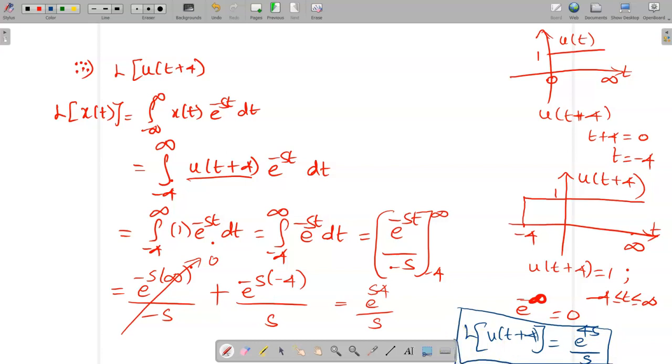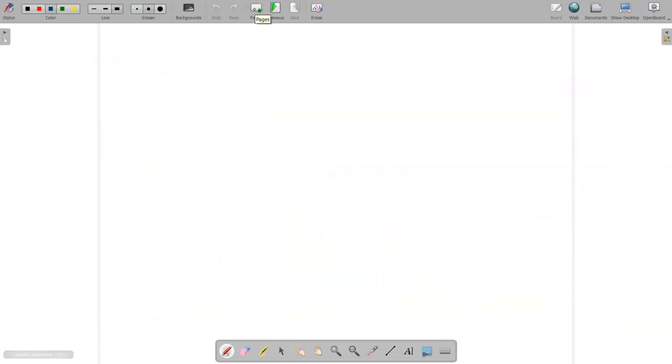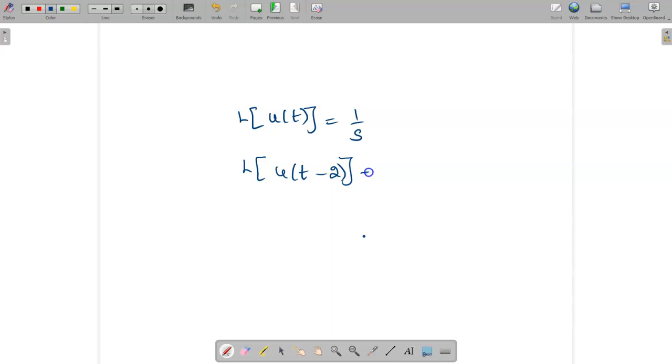Okay. So from these three problems, the important thing we can conclude is that the Laplace transformation of u of t is 1 by s. Laplace transform of u of t minus 2 is e power minus 2s by s. Laplace transform of u of t plus 4 is e power 4s by s.